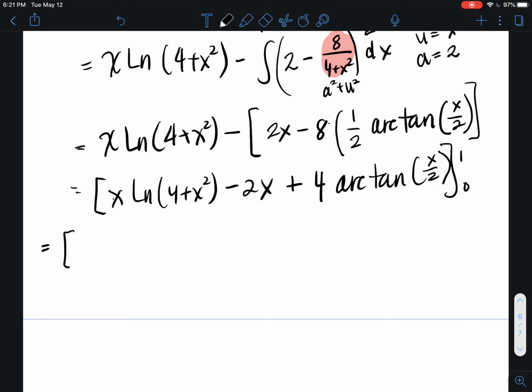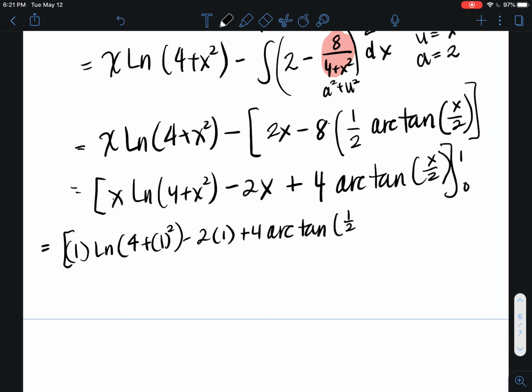So 1 times the natural log of 4 plus 1 squared minus 2 times 1 plus 4 times the arctangent of 1/2, and then minus, that's that part, minus, and then it's going to be 0, because 0 times anything, minus 0 again, and then plus 4 arctangent of 0.